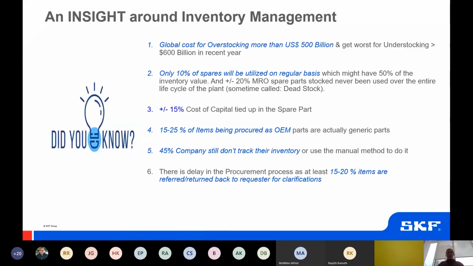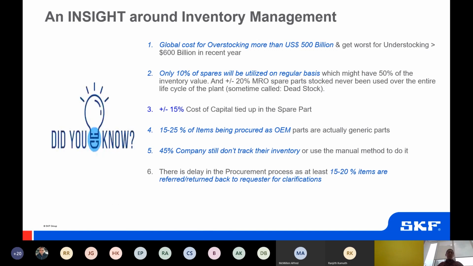So number 6 happens quite regularly within organizations: there is a delay in the procurement process, meaning internal lead time. These 15 to 20% of items are returned to the requester for clarification.